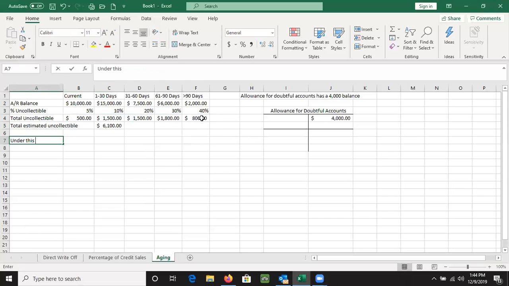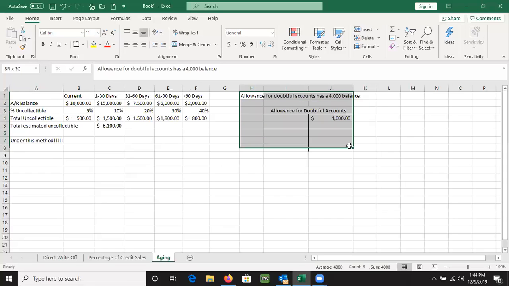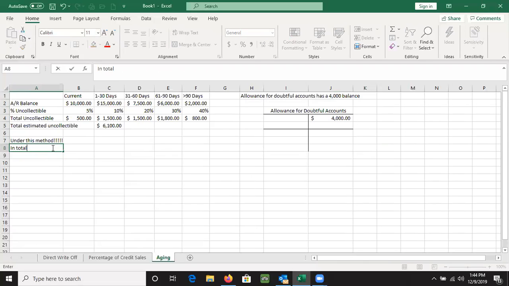Under this method, this is big, this is very important. The figure we just calculated already includes this balance. So what this says is that in total, allowance for doubtful accounts should have a balance of $6,100.